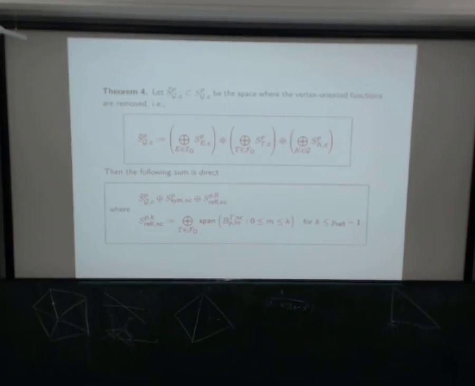So to cut the story a little bit short, we take only per face one non-conforming reflection symmetric function, only one, and leave away all the vertex-oriented conforming functions. And then we can prove that this sum is correct. So here I have removed the vertex-oriented conforming functions, and then one has here a direct sum.